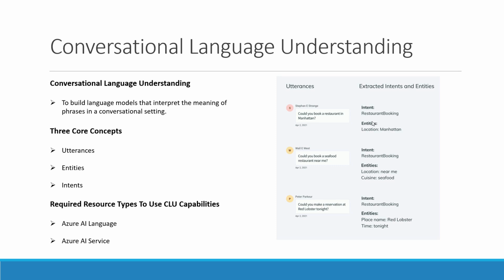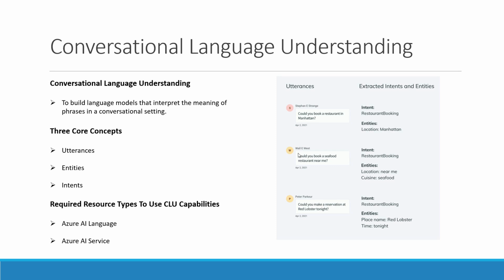An entity is an item which an utterance refers to. In the input, what it's referencing can be a place, an area, a location, and so on. Those are the entities. So here the area, Manhattan, the location, is the entity. In the home automation example, switch the fan on, the entity is fan.